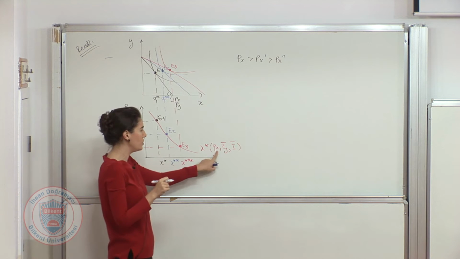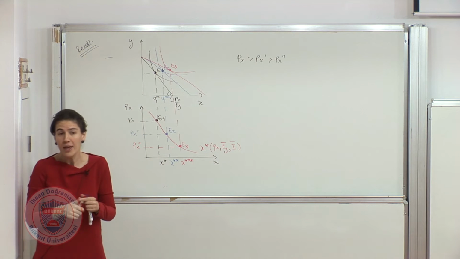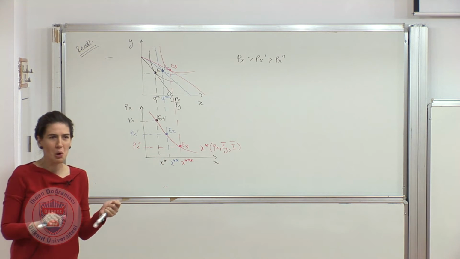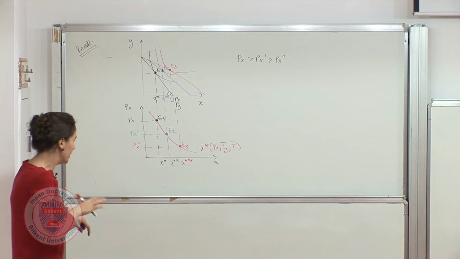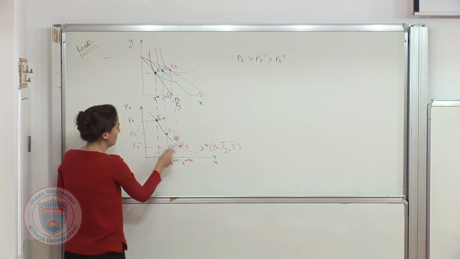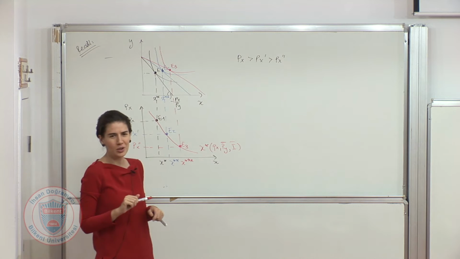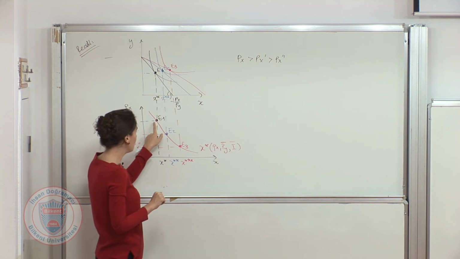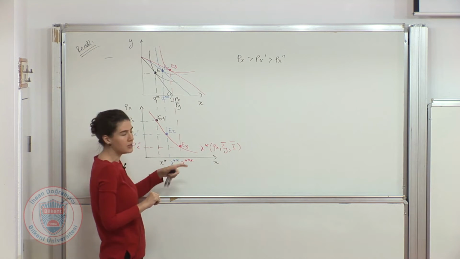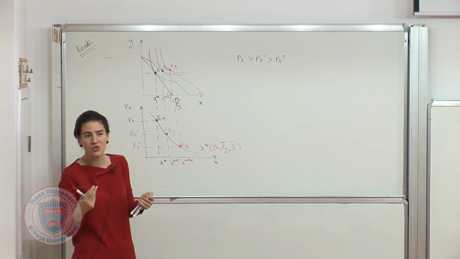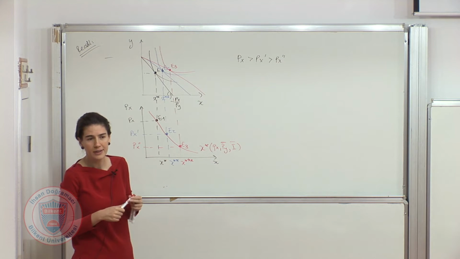The only thing changing is Px. But you told me another thing: as we move along this curve, what else is changing? Utility, right?